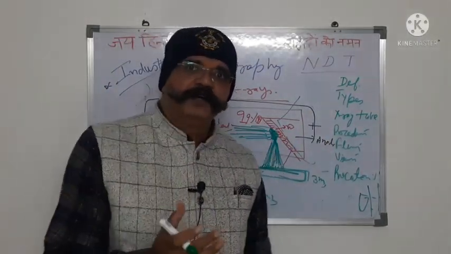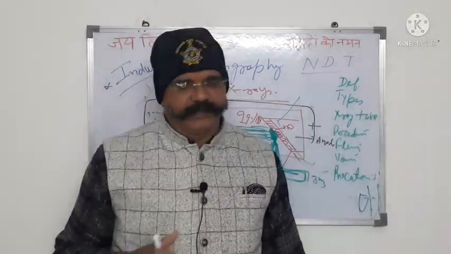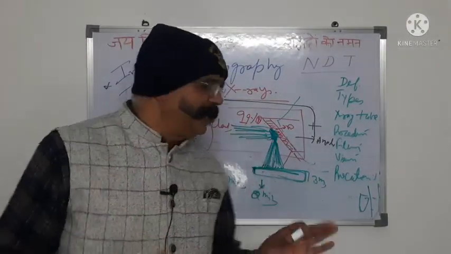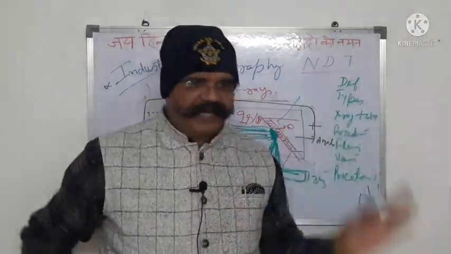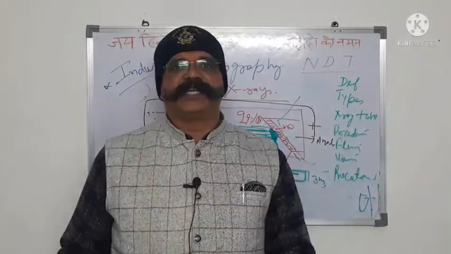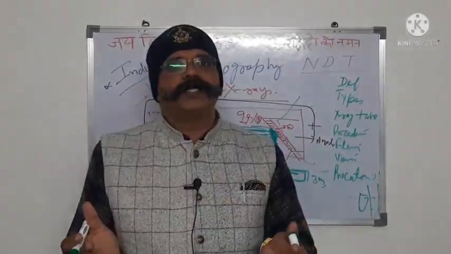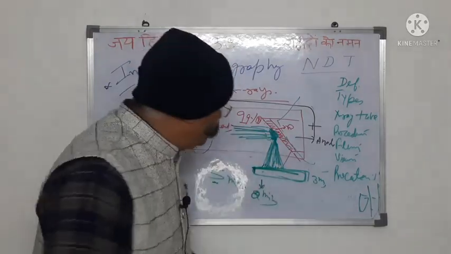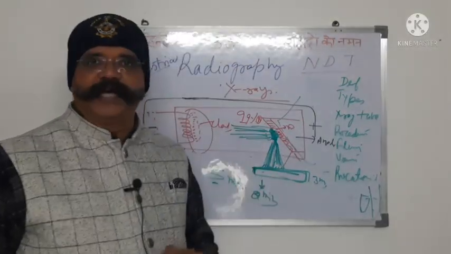So you will miss all the information. The area which has the crack will also be darkened, and the area which does not have the crack will also be darkened, because these high energy X-rays will be able to pass that area also. So setting up the timing has a very important role.